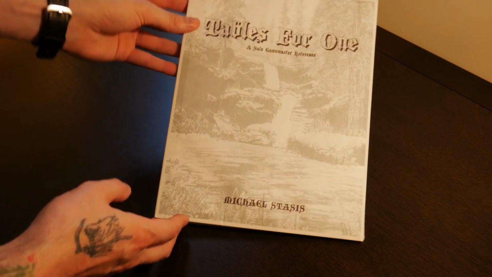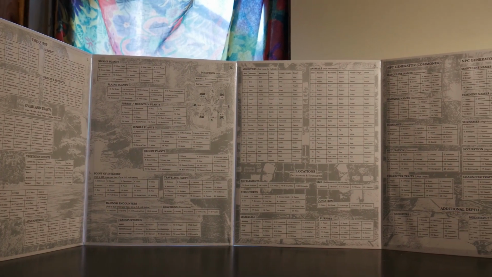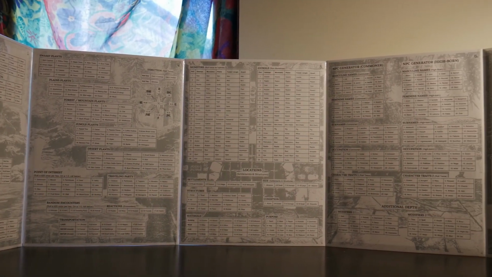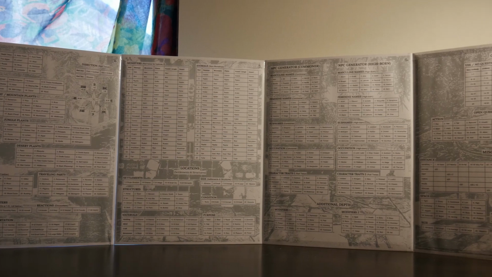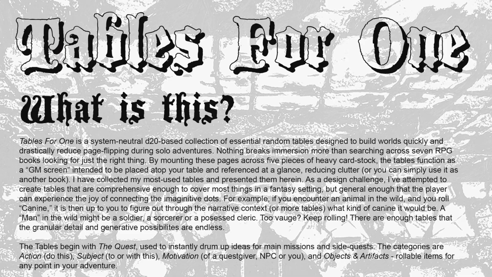So I'm going to quickly read the introductory sheet that would come with the PDF when you download it. This should just give a quick overview of what to expect from the tables and what the whole point of this is. Alright, so Tables for One. What is this? Tables for One is a system-neutral D20-based collection of essential random tables designed to build worlds quickly and drastically reduce page flipping during solo adventures.